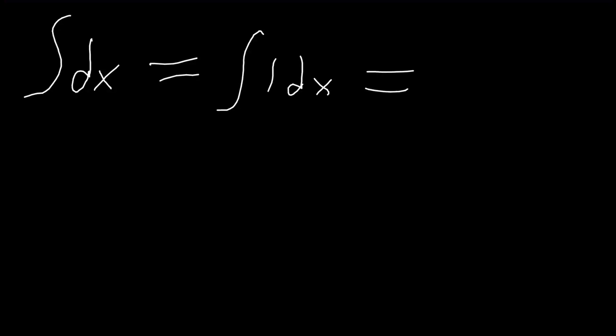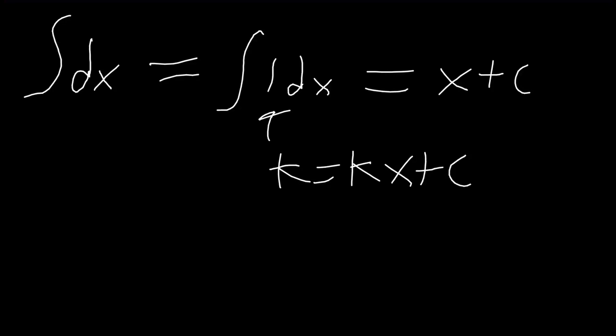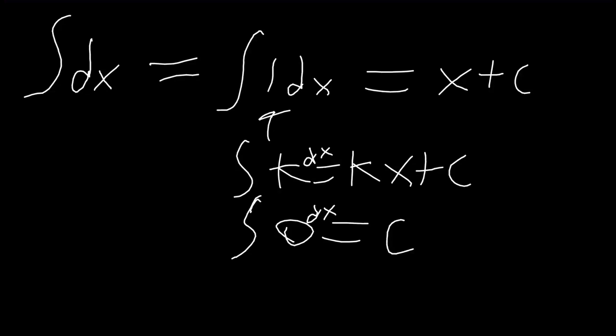So the antiderivative of that is just going to be x plus c, because if you have any constant k, it's just kx plus c. That's the formula from earlier. But if you had 0, of course, it would just be equal to c. Sorry, dx. So, yeah.